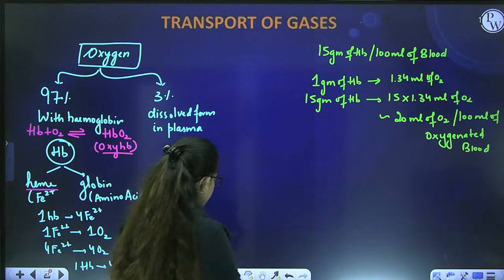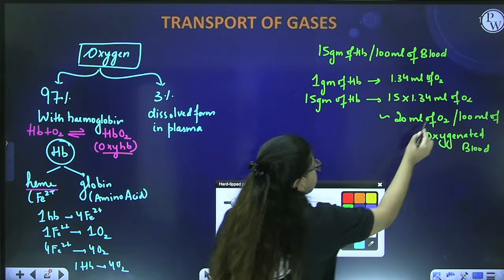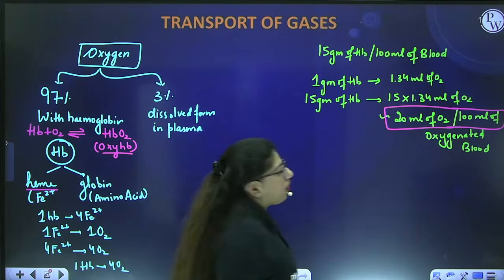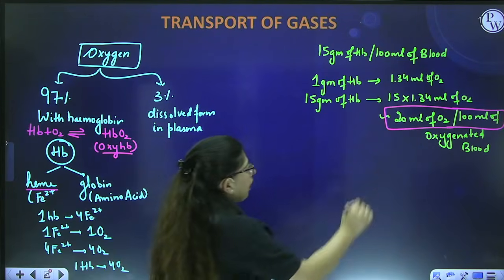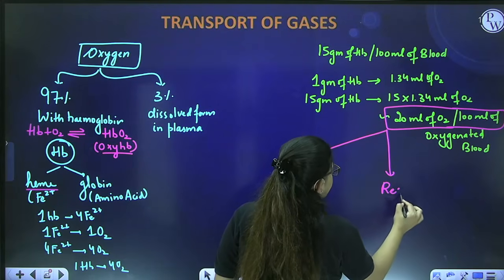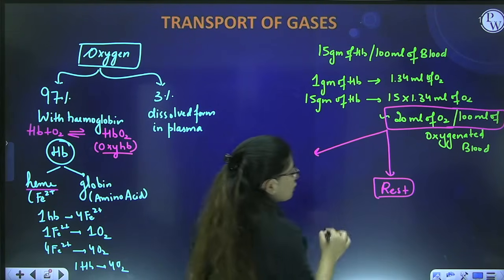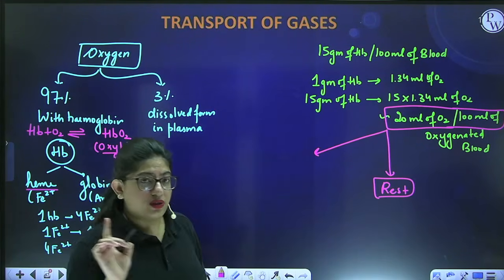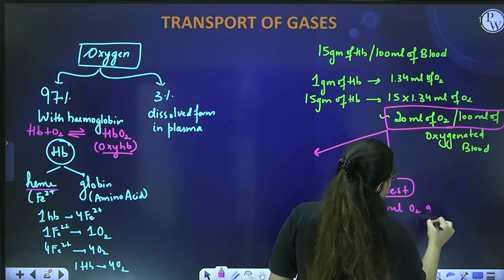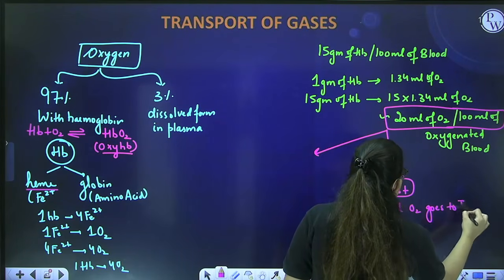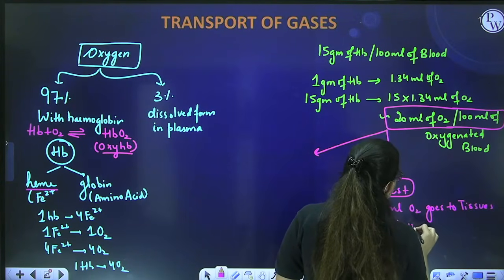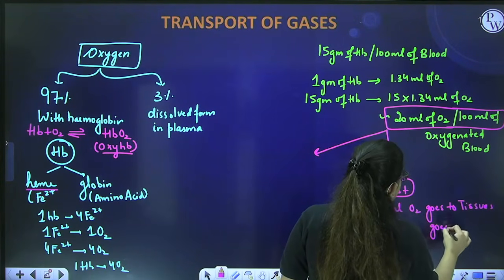Okay. Now, guys, listen to me very carefully. Out of this 20 ml, whenever you are at rest, because your tissues do not need much oxygen, 5 ml oxygen goes to tissues, and 15 ml oxygen goes to blood.